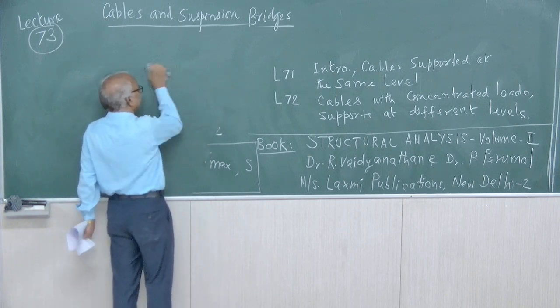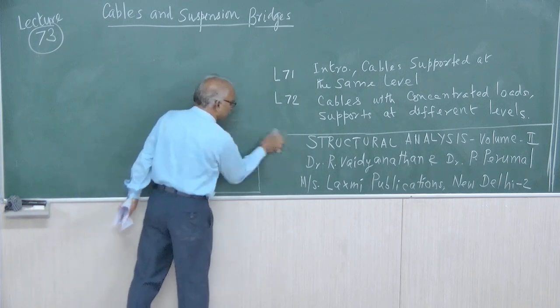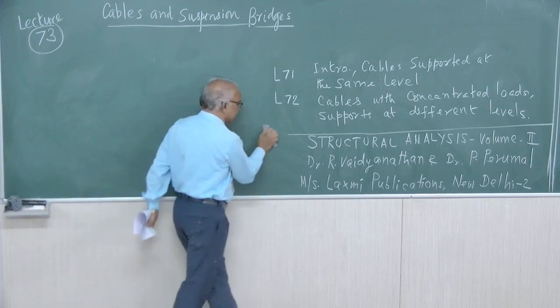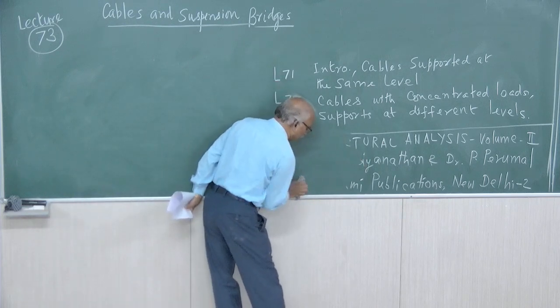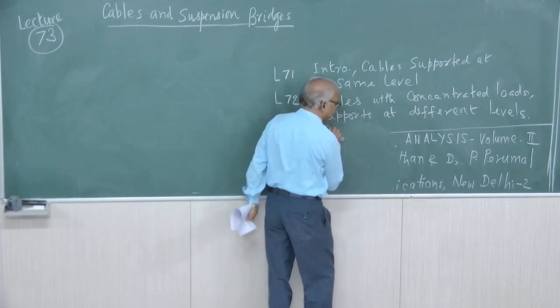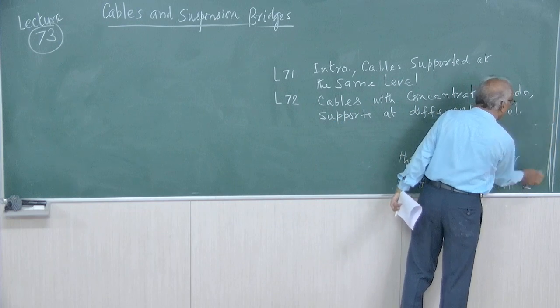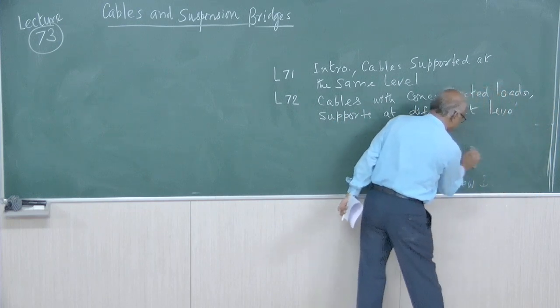Now in the case of cables without a stiffening girder and with supports at different levels, we know how to find out the tension in the suspension cable and also the horizontal tension.